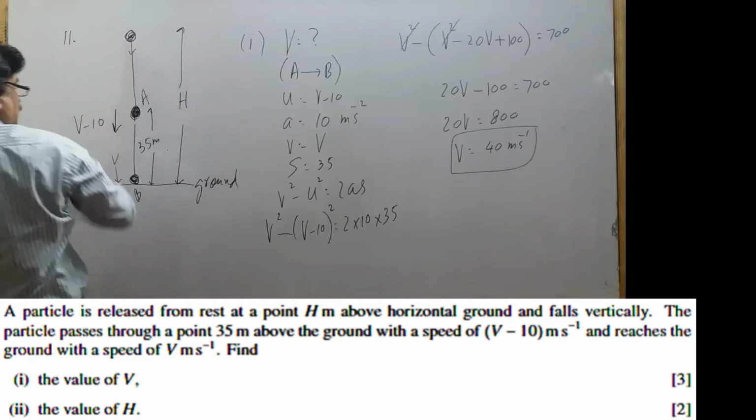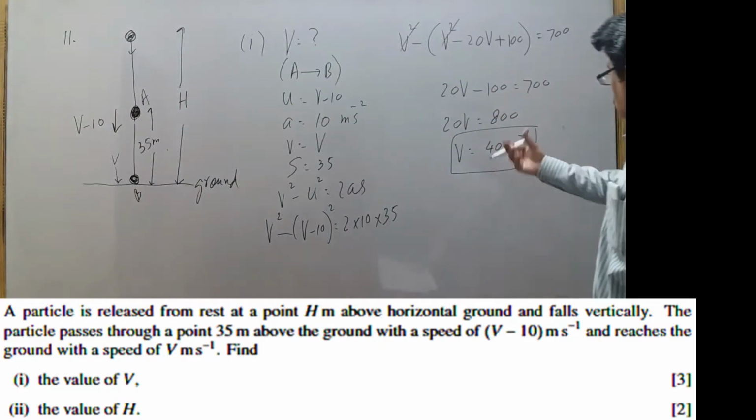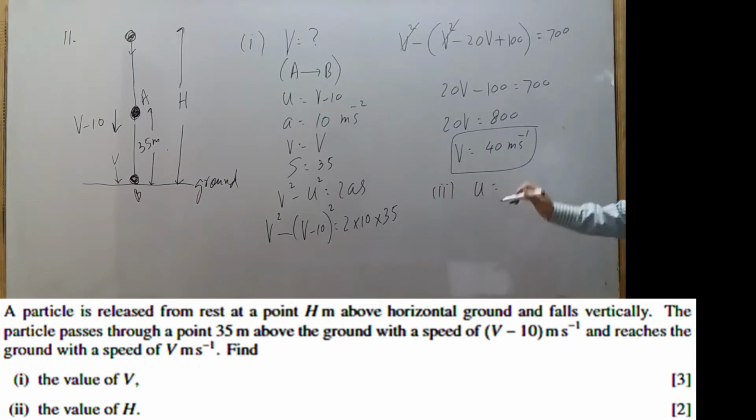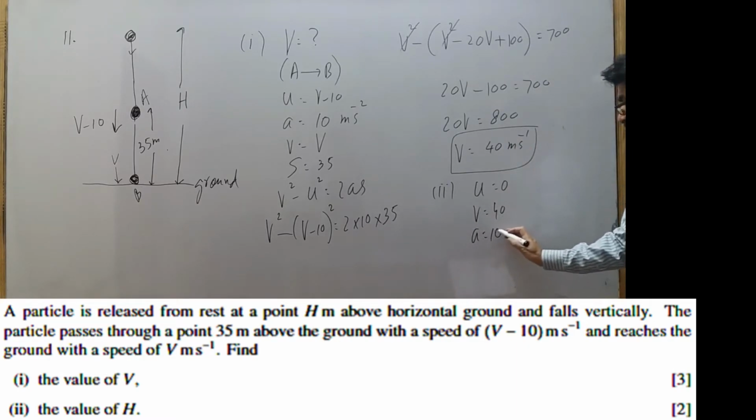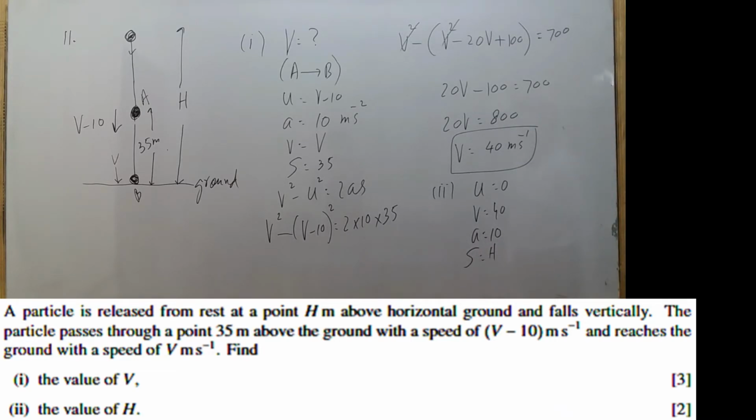So this total height is capital H. For the second part, we have initial velocity from the start 0, final velocity 40, acceleration equal to 10, and we need the distance, which is named in the question capital H. So again s is equal to v square minus u square divided by 2a.